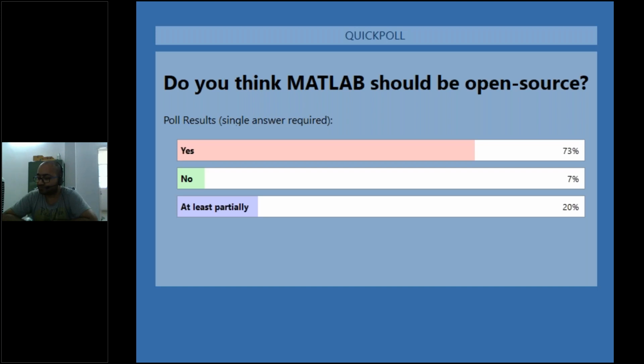But then again, it is a product developed by a company that has its own employees, and if it is totally open source and available for free, then I don't know how the company can sustain. That's the question. 7% goes with no. I would like to hear from them why they say no. Partially is a good option to choose, and I think 20% people have chosen it. However, I have given my views.